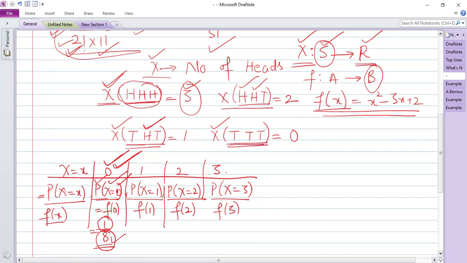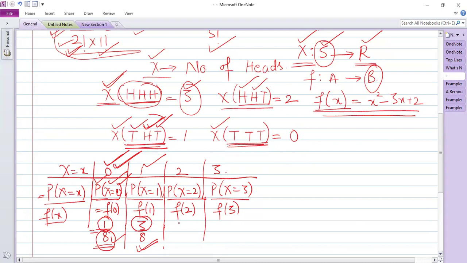And for one head, the answer is 3 by 8. You can see that out of the total 8 outcomes, there are 3 favorable outcomes where we have only one head. Basically, it was head, tail, tail, and its 3 permutations.